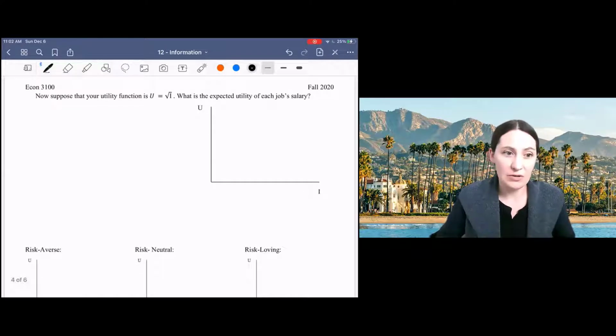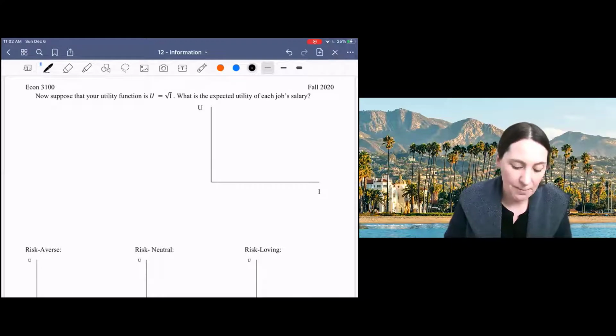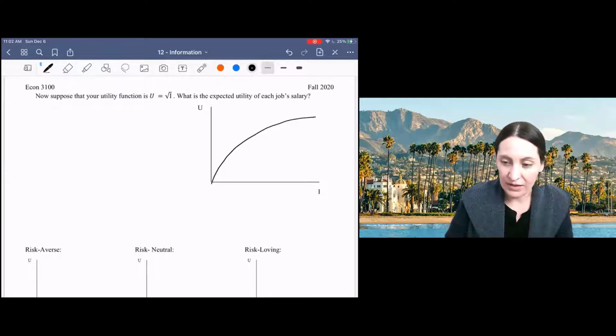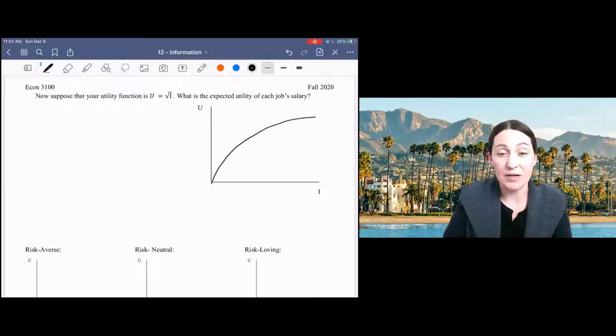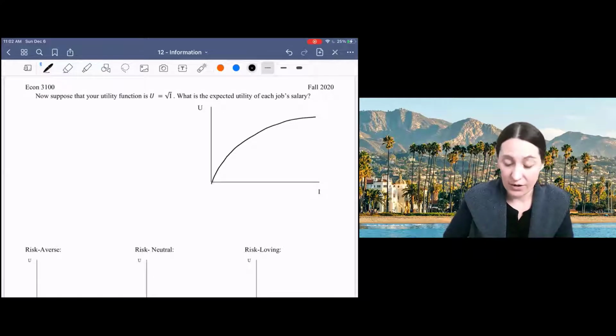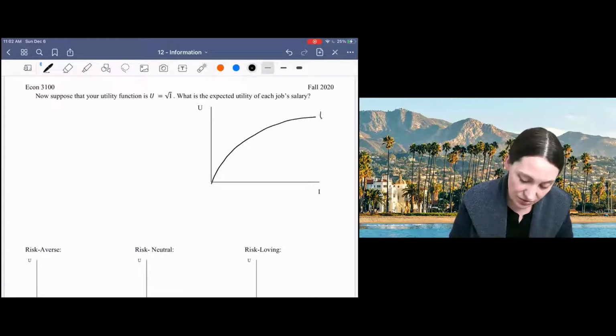Let's suppose that our utility function is equal to the square root of I. If you remember, this is a really simple way to get an increasing function with a diminishing marginal utility, right? So the slope is positive, but decreasing, becoming flatter the more we consume. And that was one of the fundamental assumptions that we made about utility functions in the first part of the course.